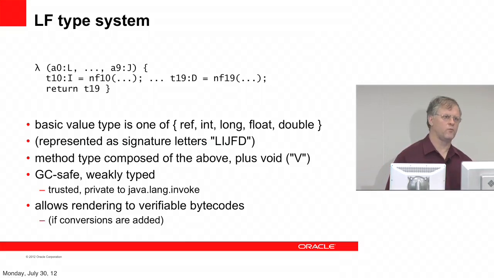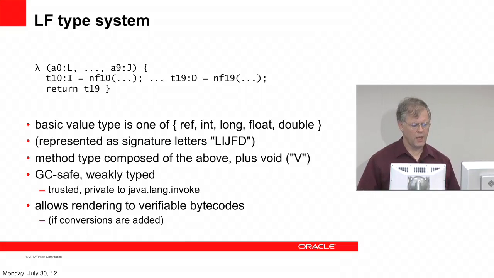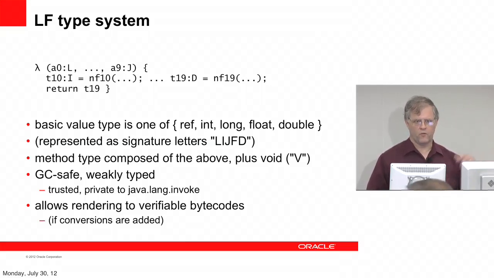So in practice, you'll often see casts inside the Lambda forms to make sure that things are the right type before they're handed off to somebody. And if the casts are added, then this renders very, very simply to verifiable bytecodes. So we're all happy there.